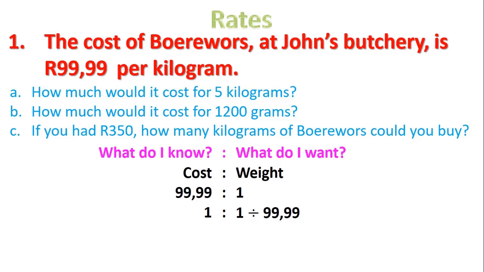Next step. I don't need to know how much 1 Rand can buy. I need to know how much 350 Rand can buy. So I take my 350, which is part of the question, and on the right hand side I take my 1 divided by 99,99 and I multiply that by 350.